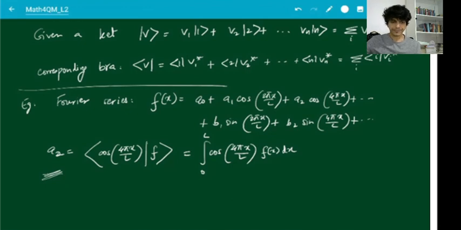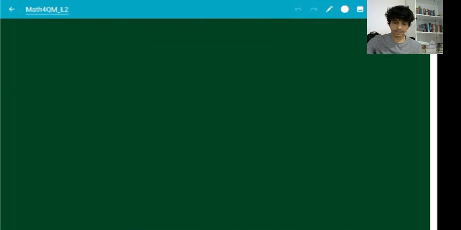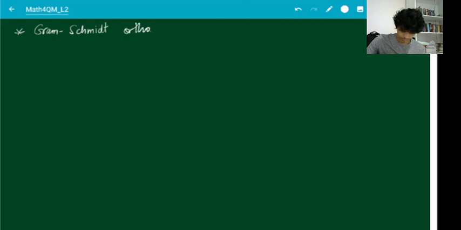So far we have mostly spoken about orthogonal basis vectors. But what if my basis vectors are not orthogonal? Then what? Turns out there is a way of taking a non-orthogonal set and converting it into an orthogonal set. This is a process called Gram-Schmidt orthogonalization.